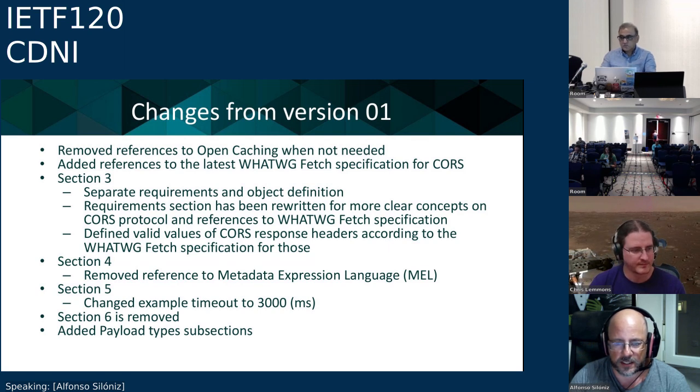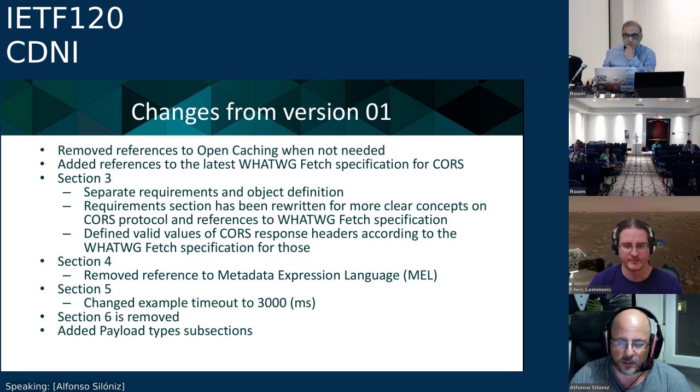The main changes were we have references to the latest update of the WHATWG fetch specification that defined the CORS protocol that wasn't in the previous version. We also structured things and separated requirements and object definition for the CORS MI cross-origin policy objects.